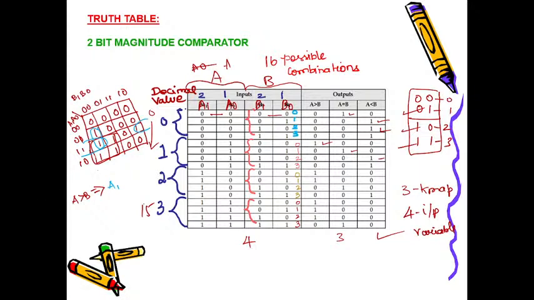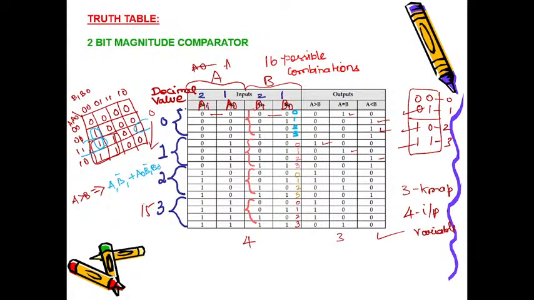So what is the quad expression? This is the quad: A1, and which is common here? B1 bar. A1 B1 bar, plus this pair, which is common? A1. So what is it? A0, and this one is what?